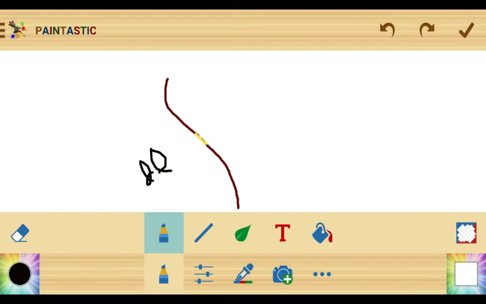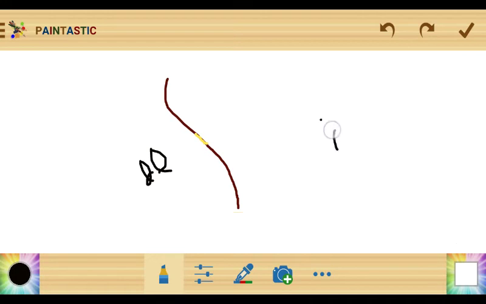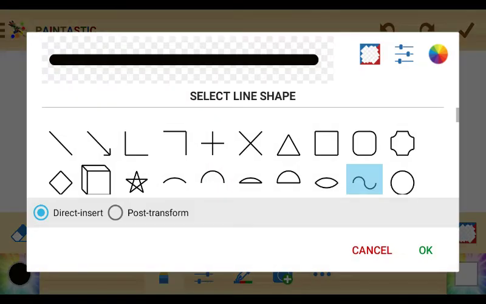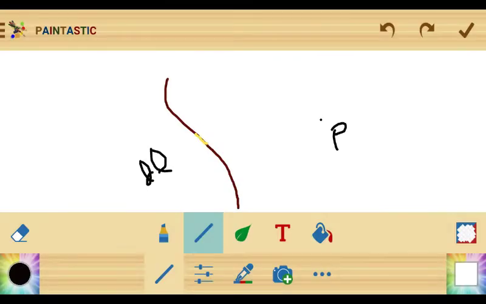And here is your point P, where you are supposed to measure the magnetic field.